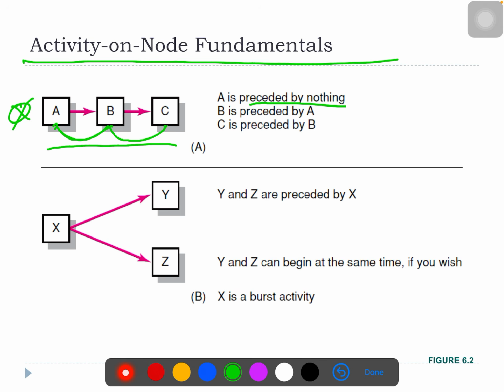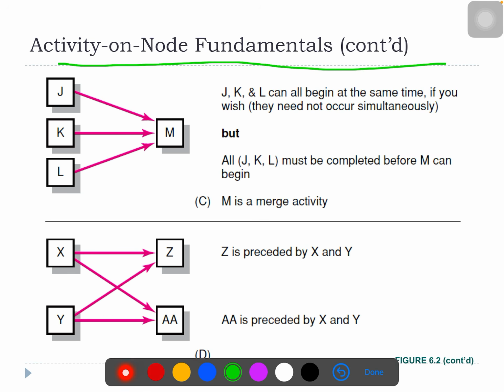B is preceded by A, C is preceded by B. For Y and Z over here, they are preceded by X, and Y and Z can begin at the same time if you wish, or they can also begin at different timings. And X is also defined as a burst activity.